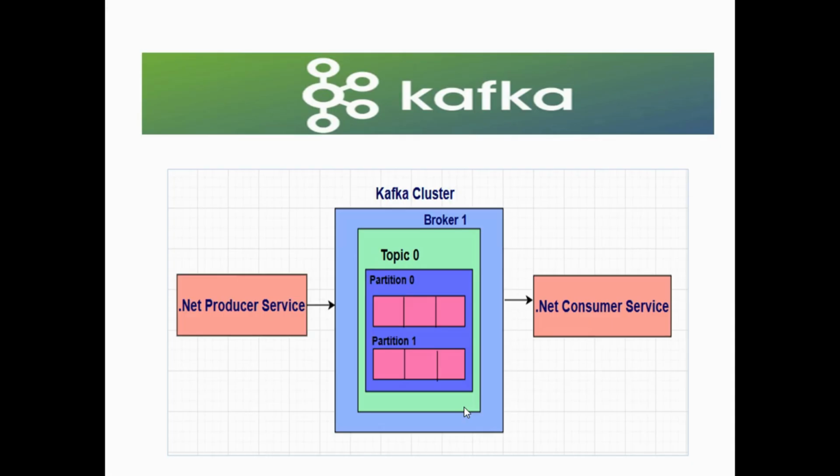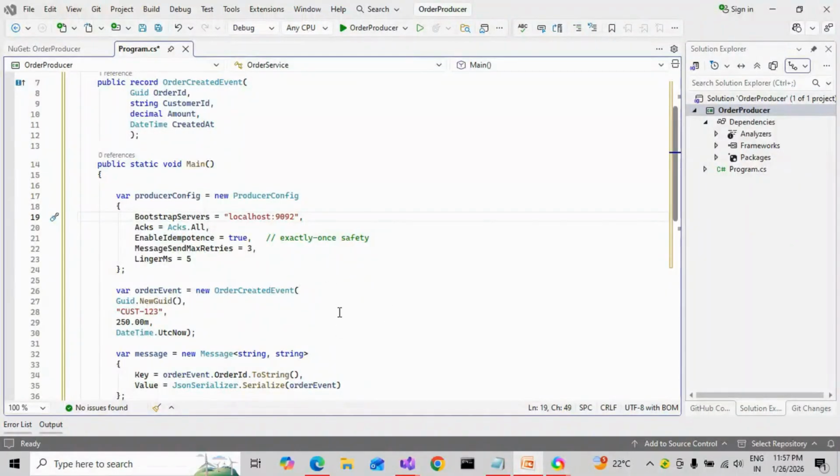If it is there, it will add the message to that topic. But by default, the Kafka server won't support creation of topics through code. For that we need to add some settings in the server properties, which I will show you also.